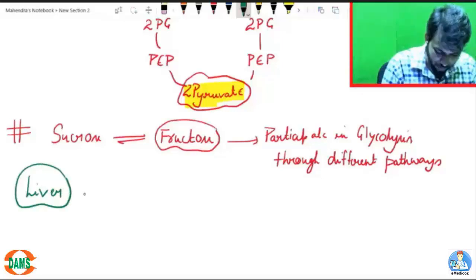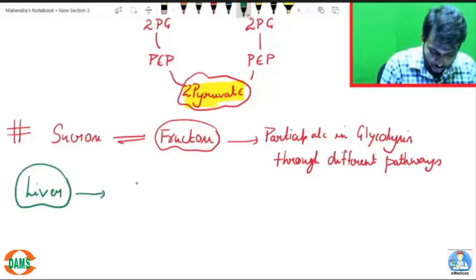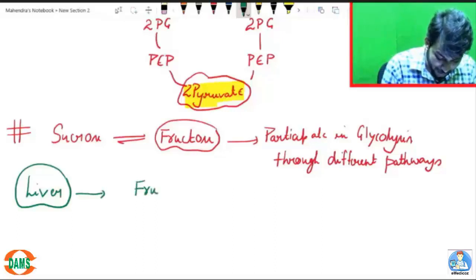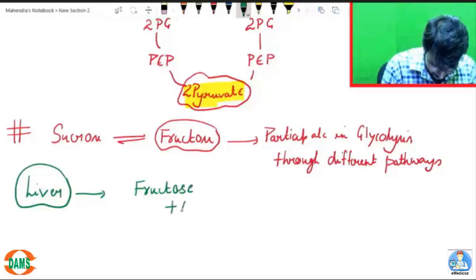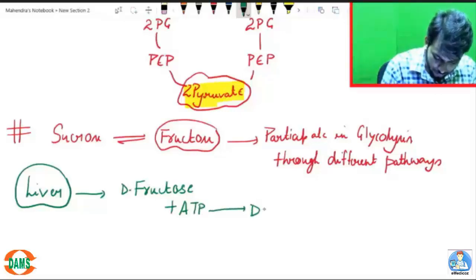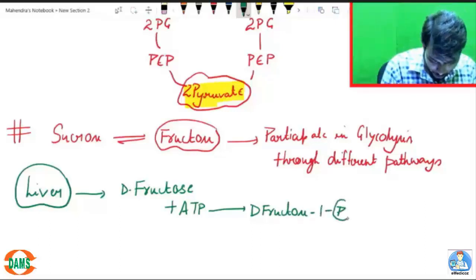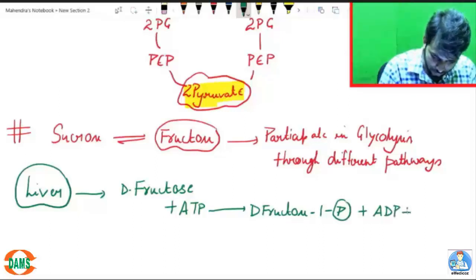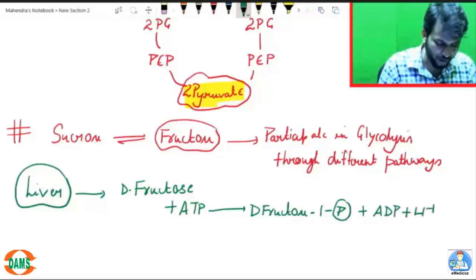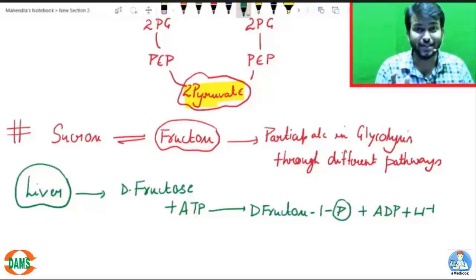In the liver, fructose gets phosphorylated with the help of ATP in the form of fructose 1-phosphate and provides us ADP. This whole process is done by an enzyme.